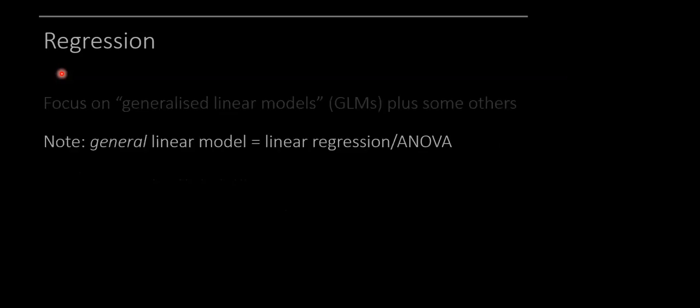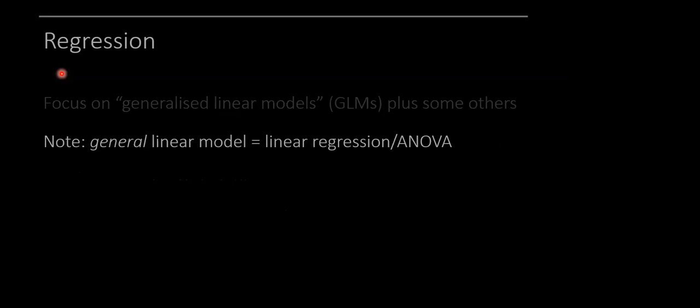Okay, so we're going to focus on generalized linear models plus at least one other related model. Just a little bit about terminology. Sometimes you might see the term general linear model as opposed to generalized linear model.